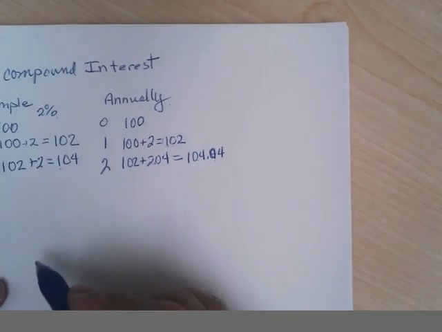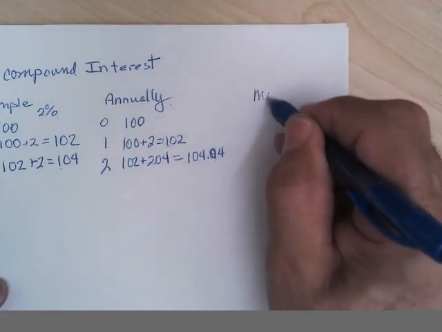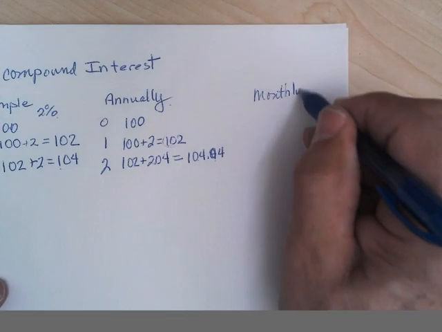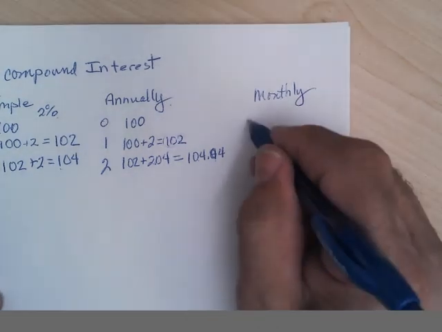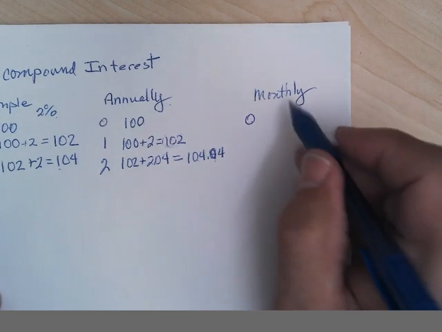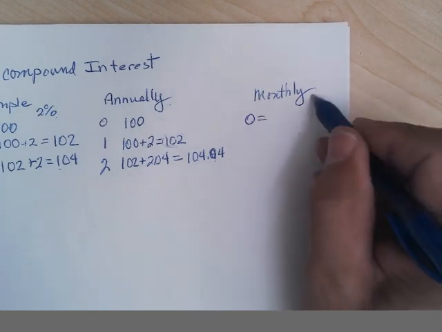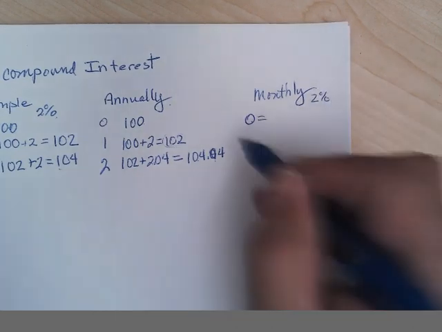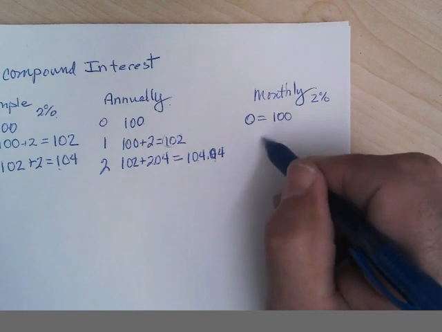And if I compound monthly, then I'm going to do, at the no months, and this is going to be 2% annual interest, I'm going to have $100.